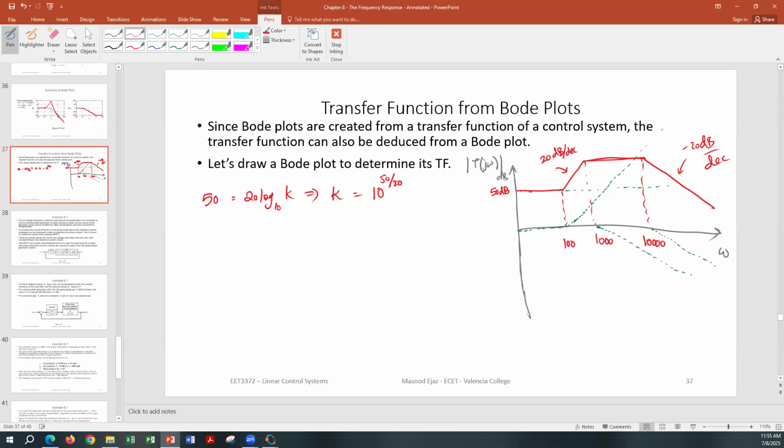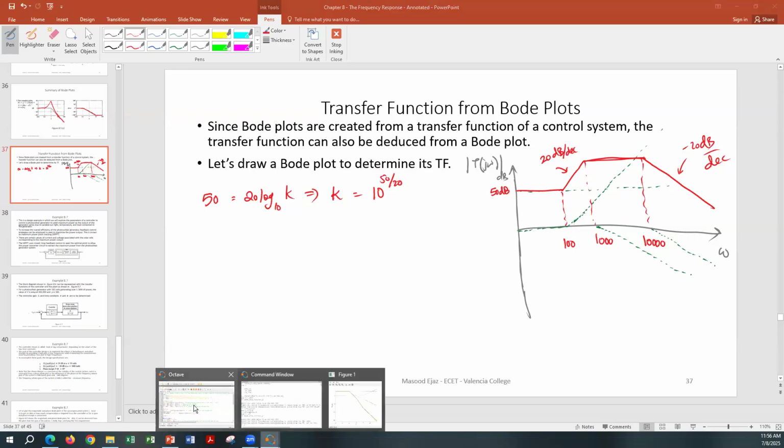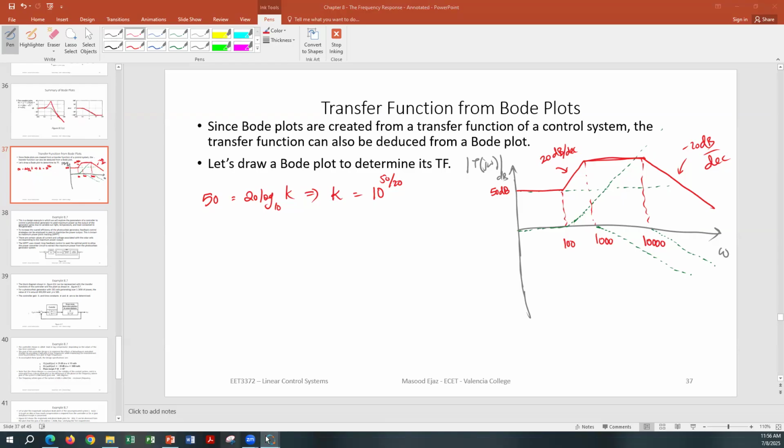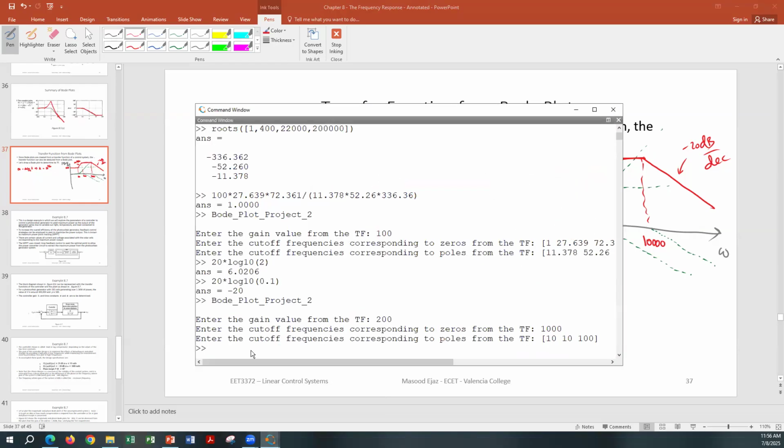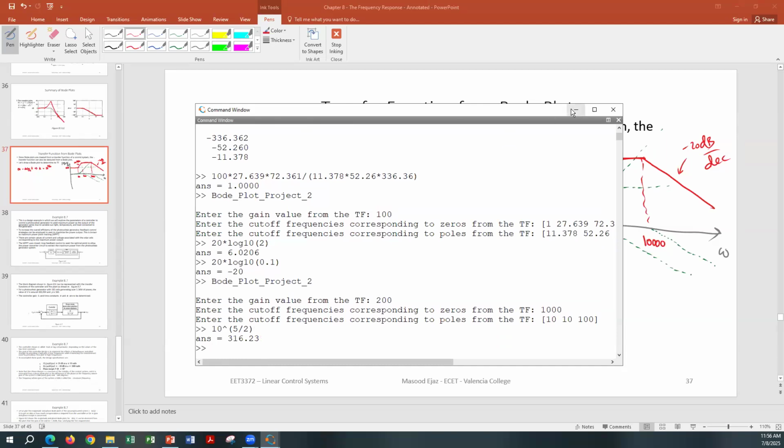If you do natural log, that's the base e, and for that you're going to take the exponent. But since the base is 10, it's 10 to the power 50 over 20, which is 316.23.